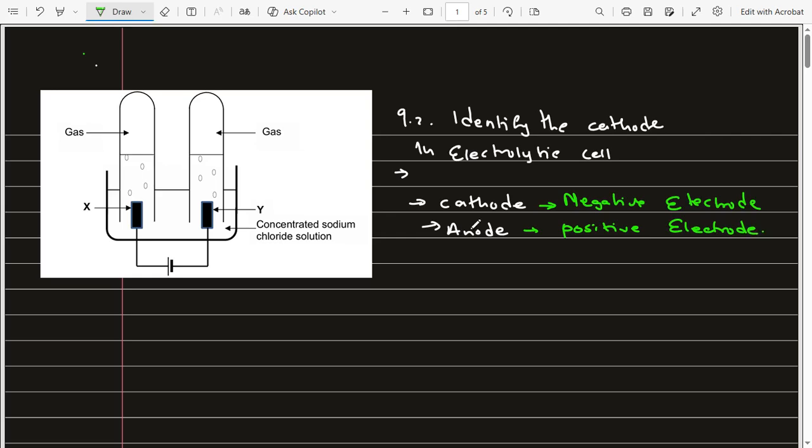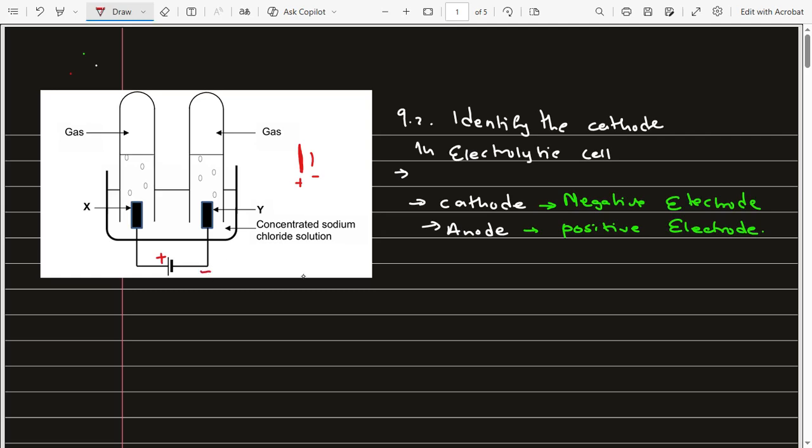Now when I look at this, I can see that on the battery, X is connected to the positive terminal. Remember, the taller line is the positive and the shorter one is the negative. So X is connected to the positive terminal and Y is connected to the negative terminal.